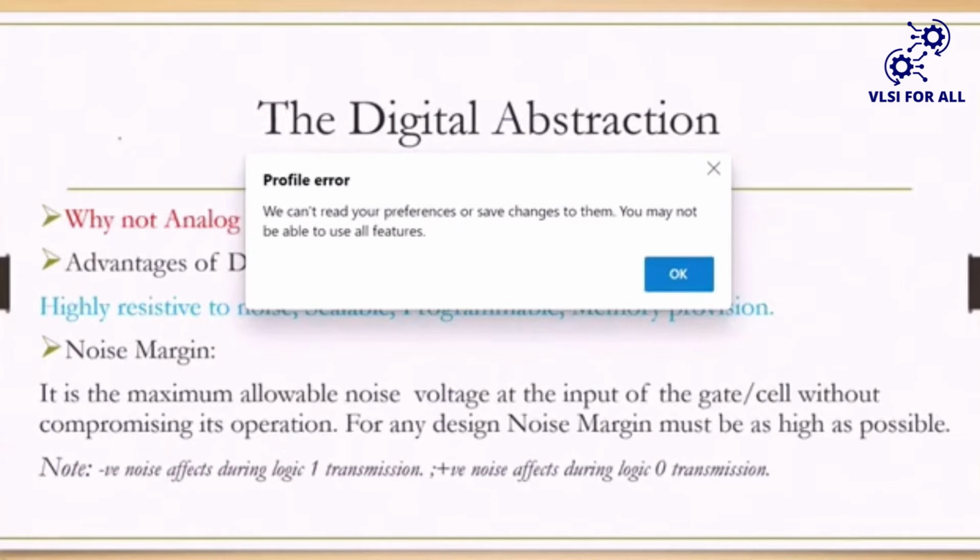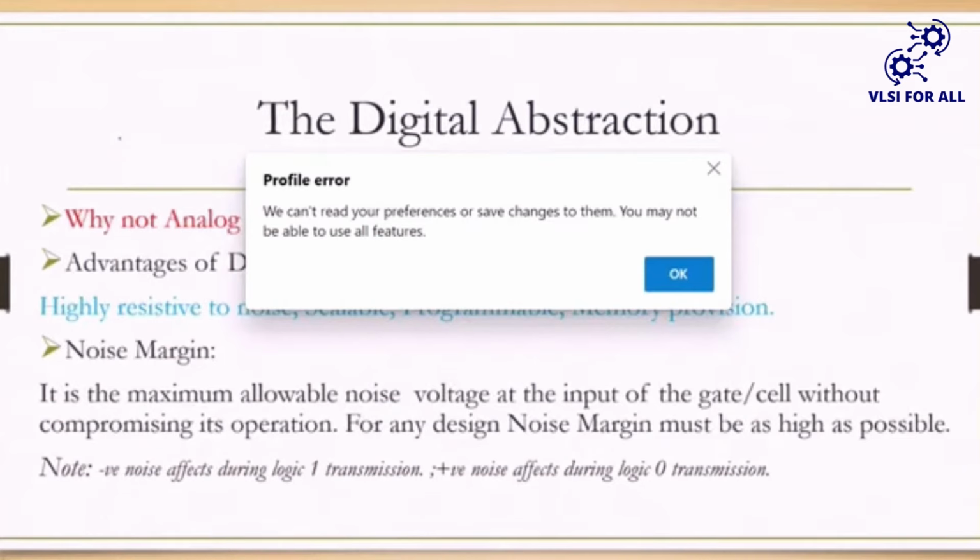If there is a noise signal from the external environment of about 1.1 volts, then the cell functionality will change because it exceeds his or her level. His maximum capacity is 1 volt. Less than 1 volt, if noise happens, nothing will happen.